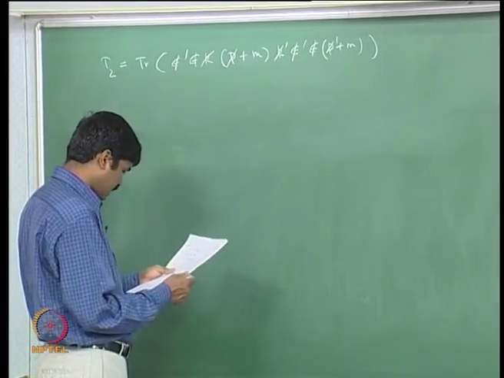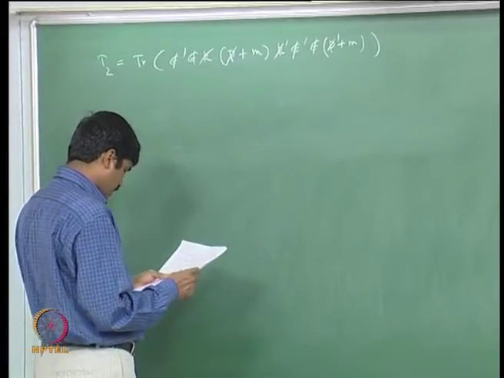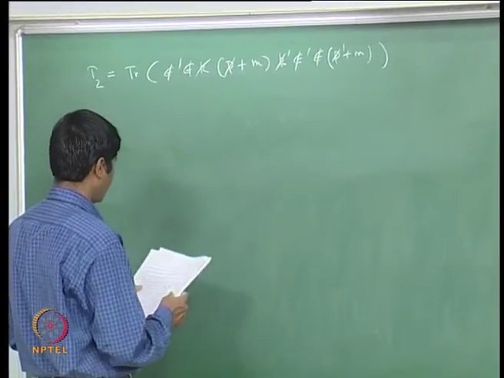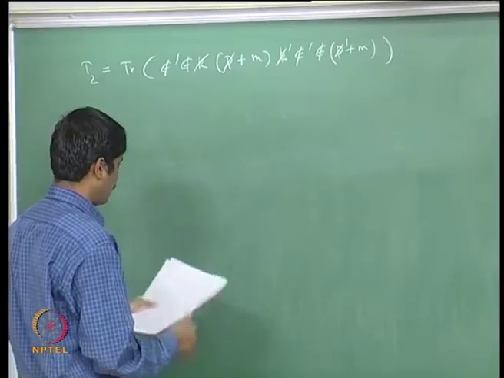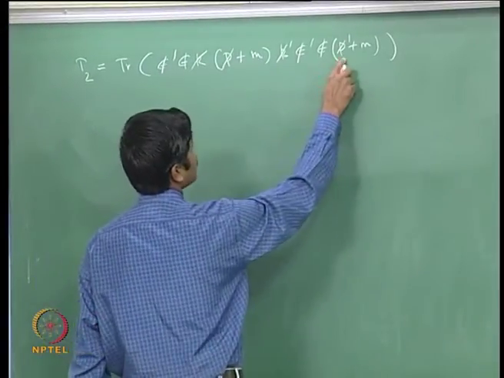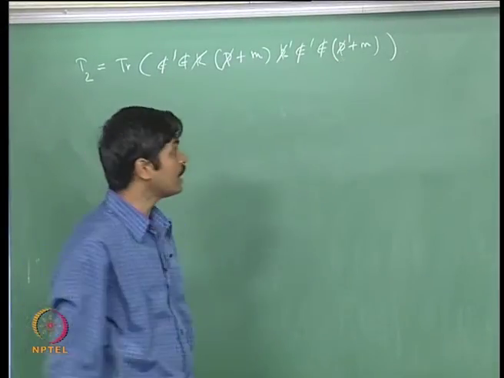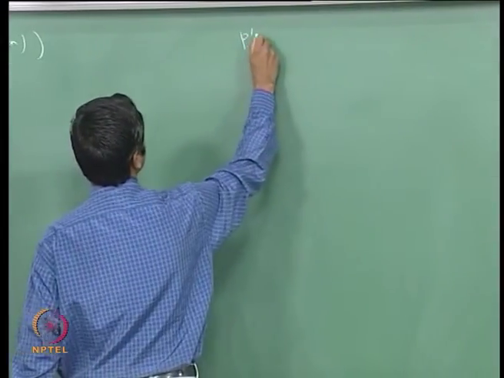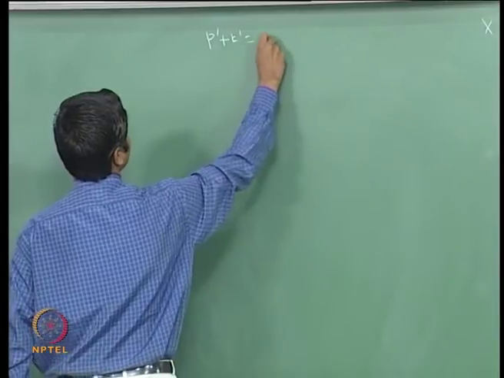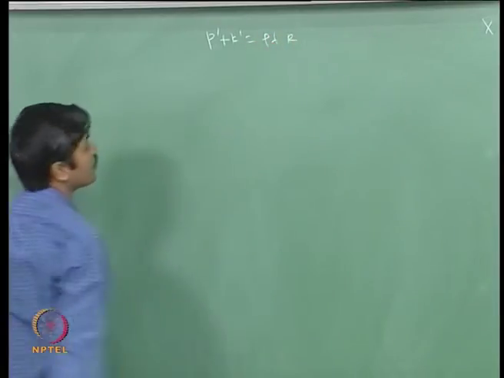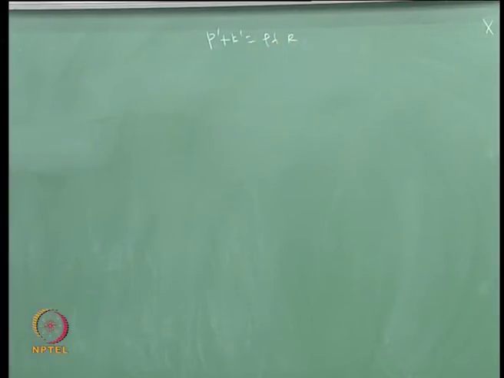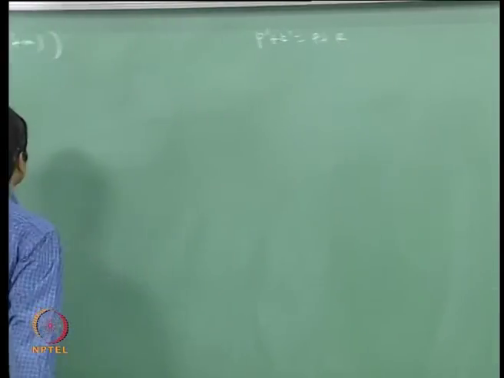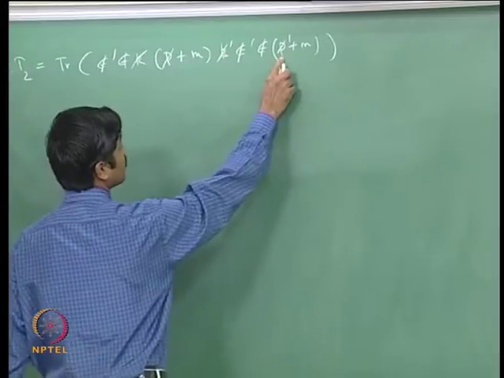So, let's try to do this trace. You start with this, and then you note that P prime plus K prime is equal to P plus K, the energy momentum conservation rule. So, P prime is just P plus K minus K prime, which I will substitute here.